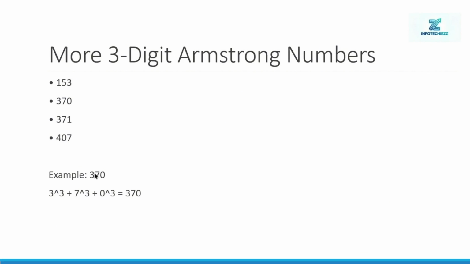If I cube each digit and do a sum operation, I'll get 370. So for example, 3 cube plus 7 cube plus 0 cube, I'll get 370. So this also satisfies the condition. So that is what an Armstrong number is.